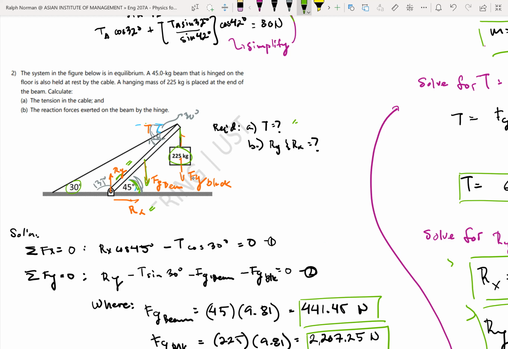So we have yung reaction component. So technically, if I'm gonna represent it properly, meron siya yung resultant niya dito. So ito na yung kaakibat na Rx and Ry forces niya. So we have this as Rx cosine 45 degrees. That's going to the right, so that's positive.